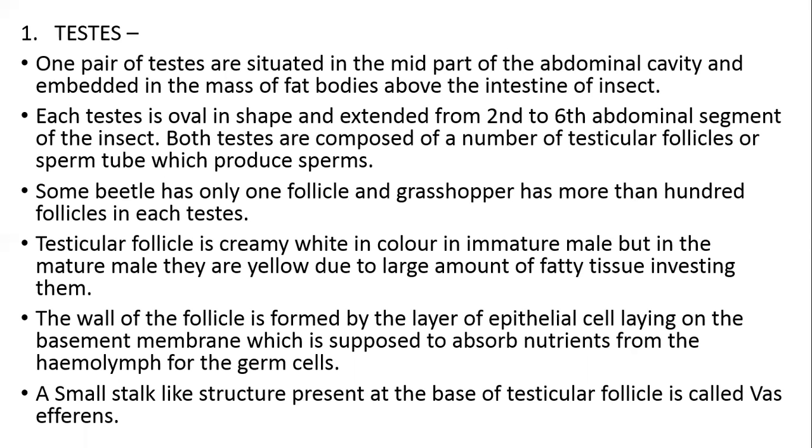Basically, each testis is composed of a number of sperm tubes or testicular follicles. Testis is oval in shape and extends from the second to the sixth abdominal segment of the insect.